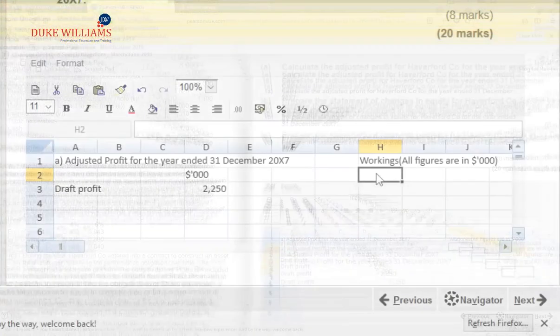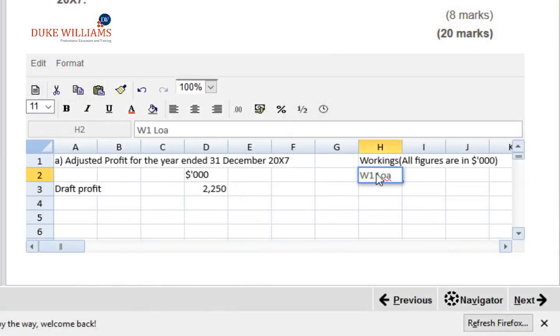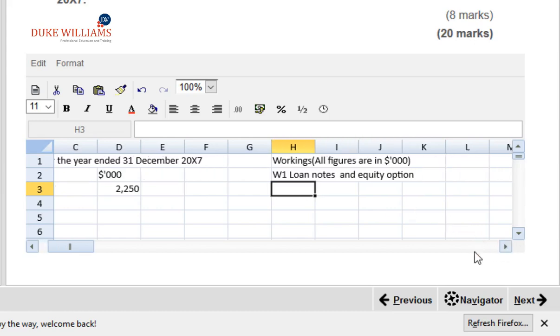Okay, so let's do workings for this once we split out. So our workings 1 can be the loan notes and equity option. What we do first is to split the value. Let's do that quickly. So we have the years, we have cash flow.